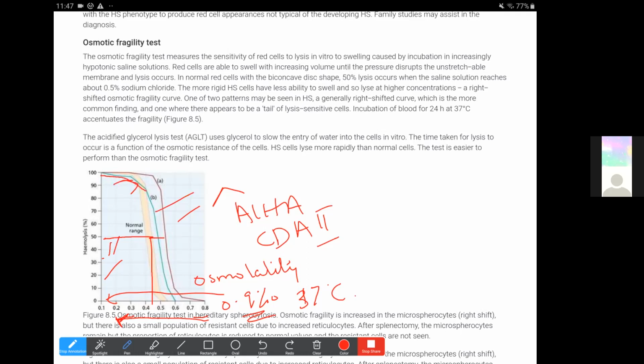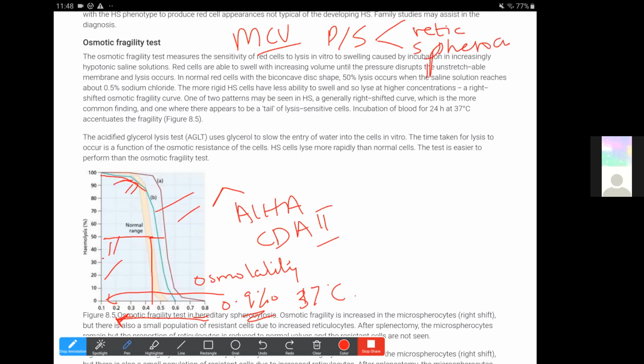So this is the tail of resistant cells, which are able to resist the lysis, and these are mainly due to reticulocytes. From the morphology, the peripheral smear shows both these cells, which are going to confound our MCV values on the cell counters, because the reticulocytes will be macrocytic. So there are retics, and then there are microspherocytes.